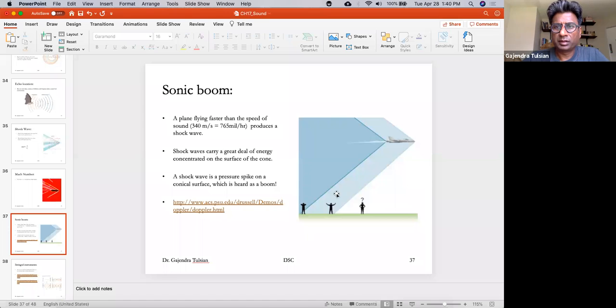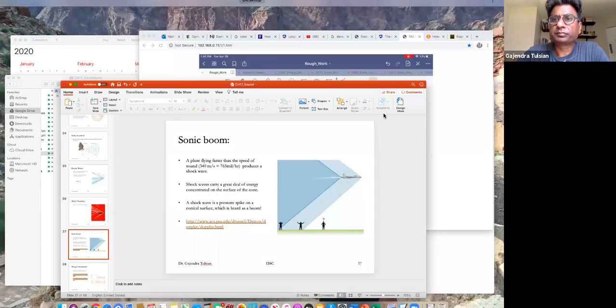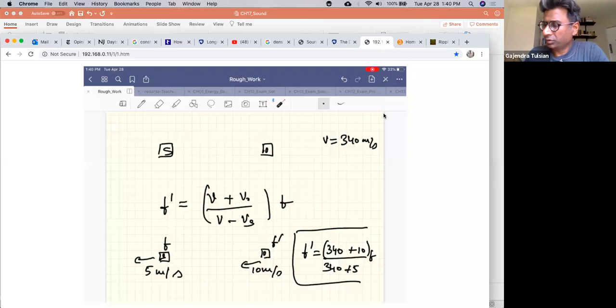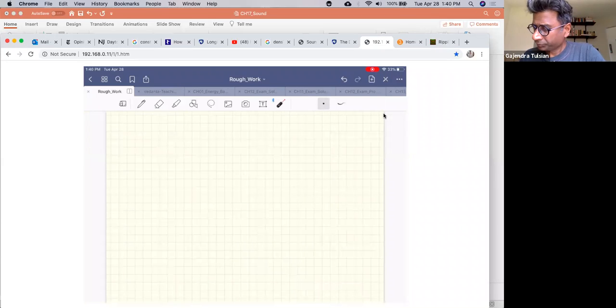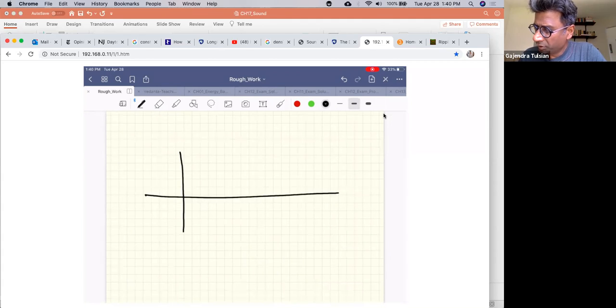Now, it turns out that the nose cone produces a pressure spike. So let's go here. Here is the pressure. So the nose cone pressure. So this is atmospheric pressure. It produces a positive pressure spike, and the tail produces a negative pressure spike.